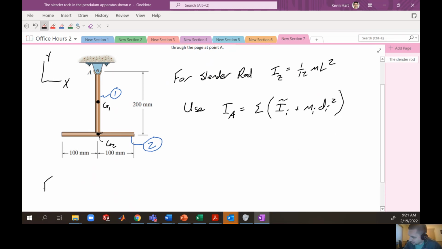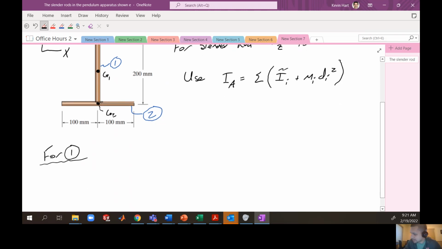Okay, so let's just take a look at object 1. We know that for object 1, the mass moment of inertia about an axis passing through its centroid is I tilde object 1, and we want to label this as passing through the z-axis, so it's the z-axis into and out of the page. Here it's going to look something like 1/12 m1 l1 squared.